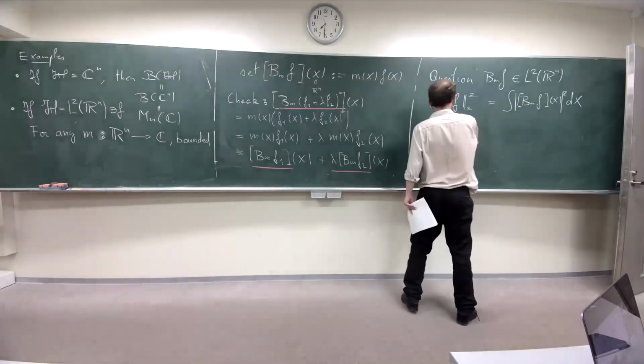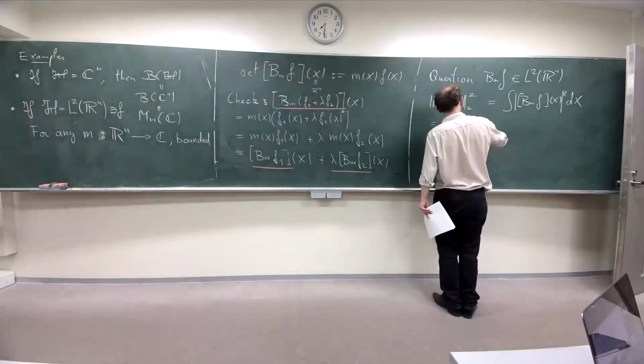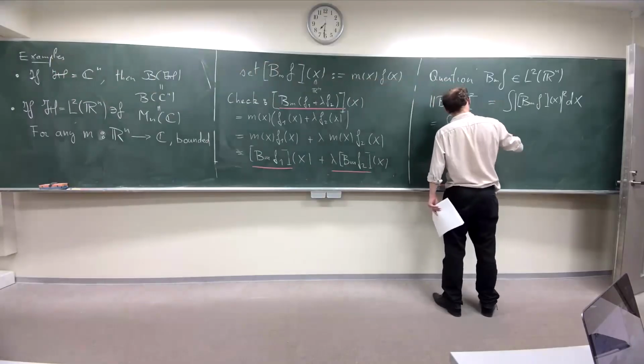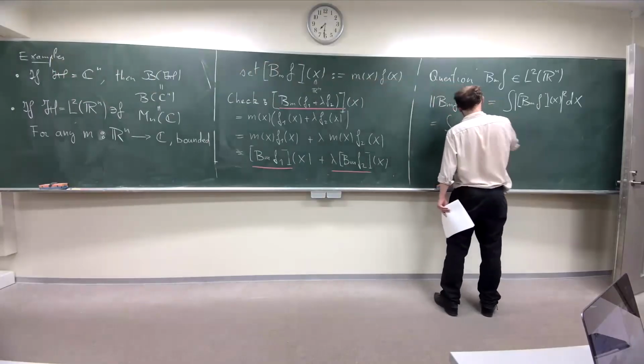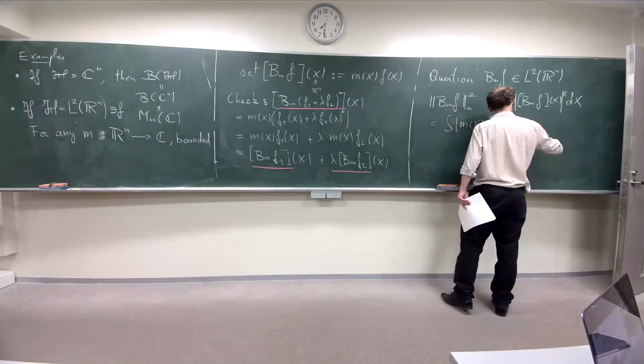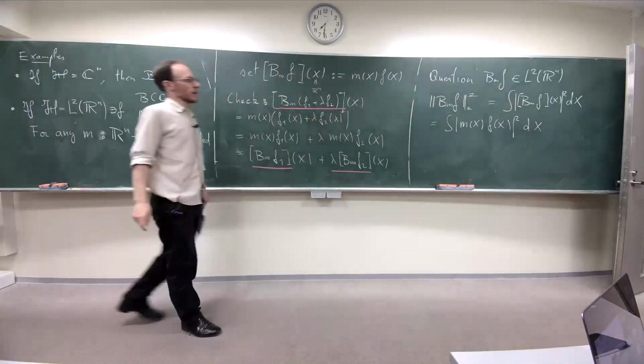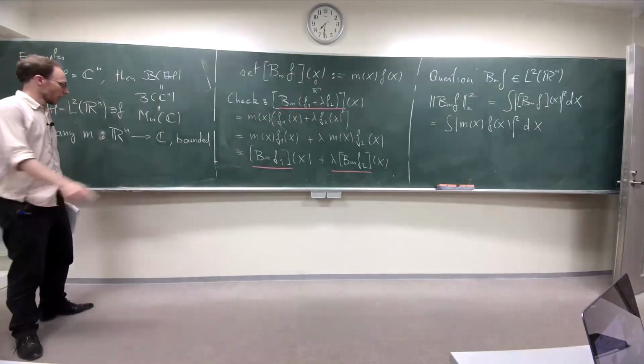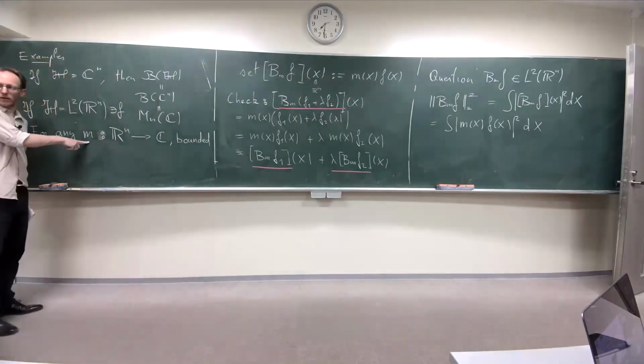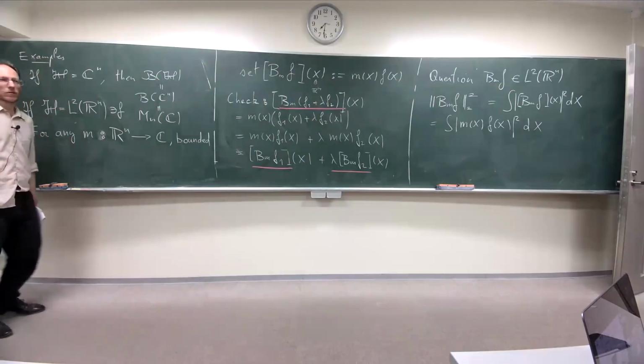Okay, now I know the definition: integral of m of x, f of x, modulus squared dx. And what can you do with such an integral? You know that m is bounded. So you take the maximum value.